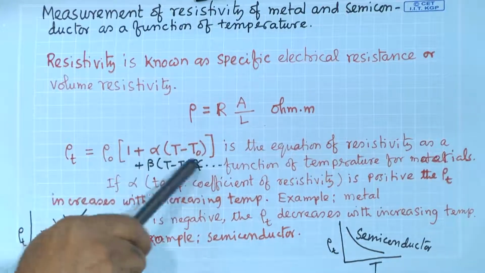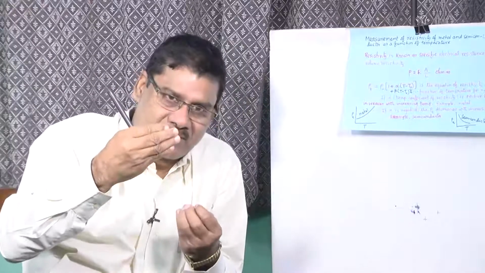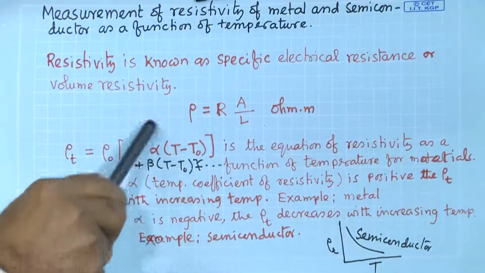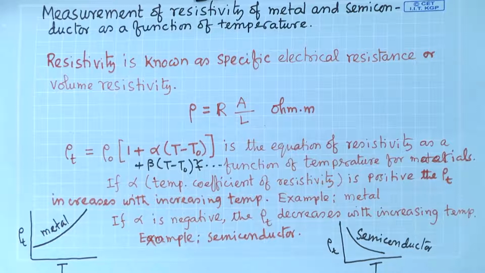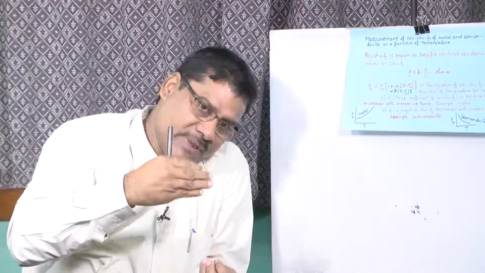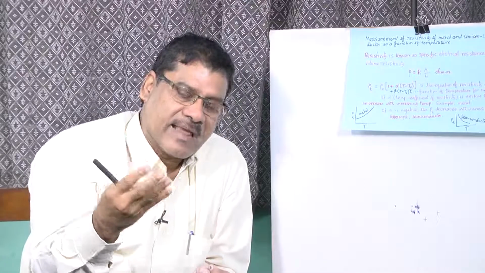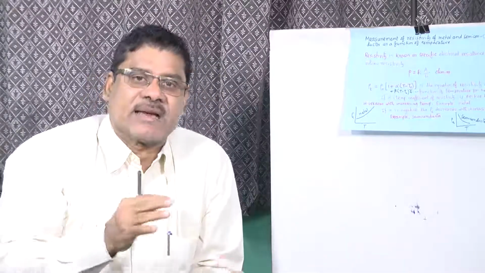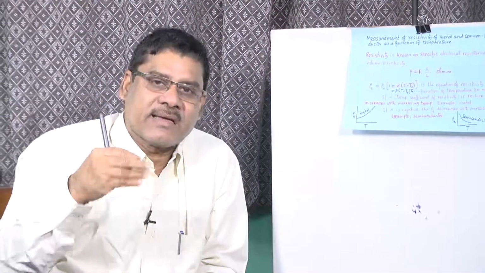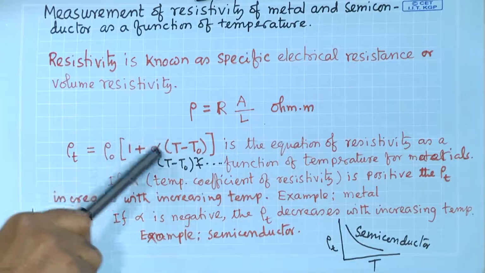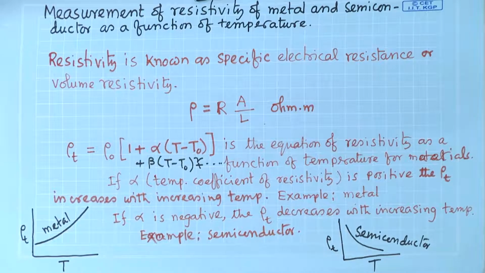Then for increasing temperature by delta T, this term will be negative, so resistance will decrease with increasing temperature. With temperature, resistance is decreasing, or with temperature, resistance is increasing. That will depend on alpha, the temperature coefficient of the resistivity.